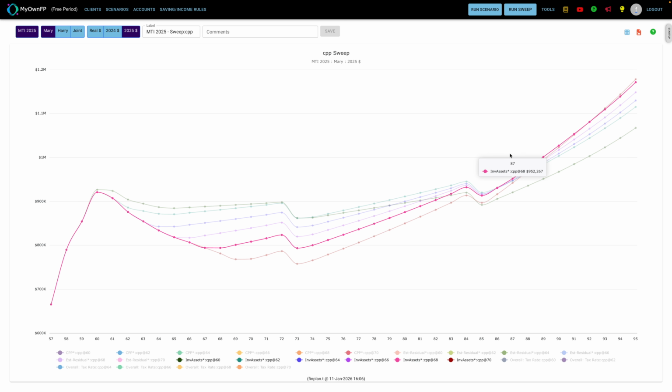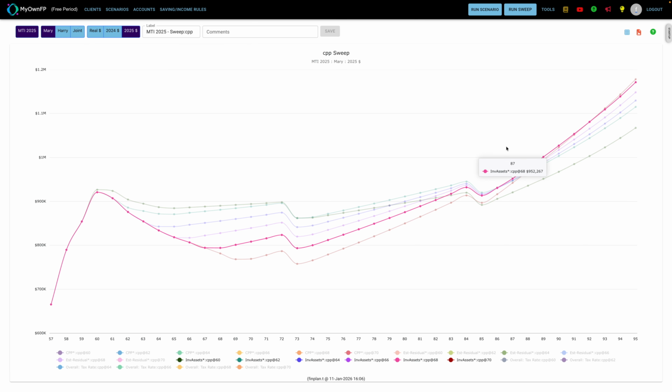Then they all sort of come together at the same point at age 87. So 64, 66, and 68 are all coming together at age 87. And actually you go from age 62 being the winner at age 86 to 68 being the winner at age 87.